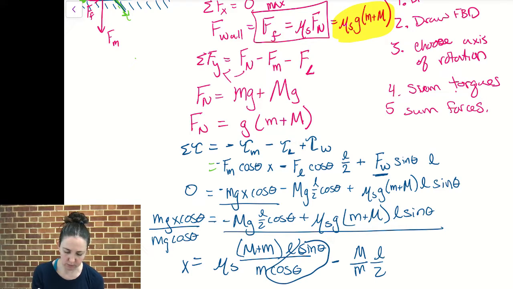You can turn this sine over cosine into a tangent if you want. And that's it.